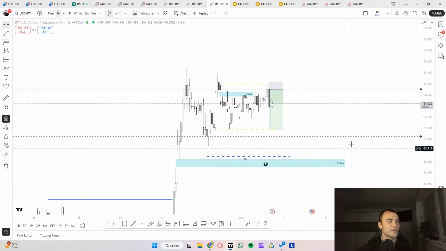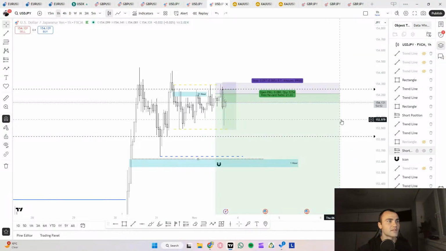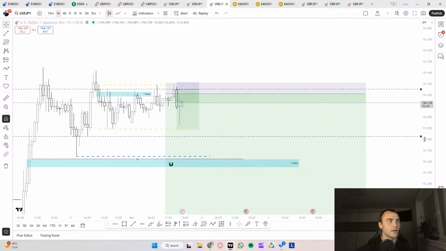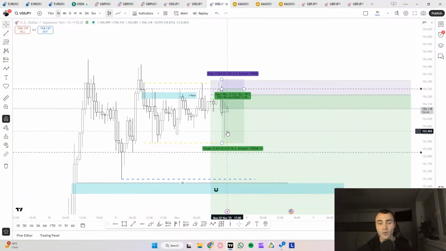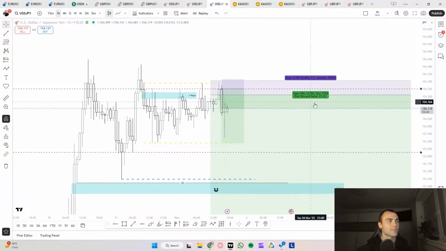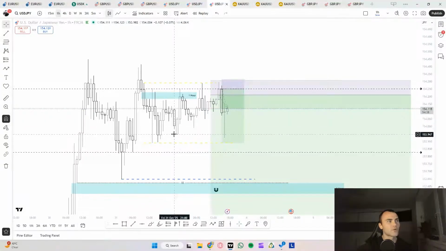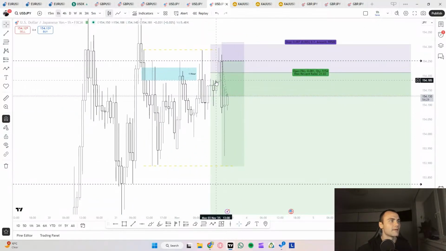The big trade, it's very likely that it will be stopped out. But again, who cares? Because I follow my plan, I follow my rules. Stop loss is on break even. And now looking at the trade, I don't know. It's very likely that the price is gonna come into the order block.